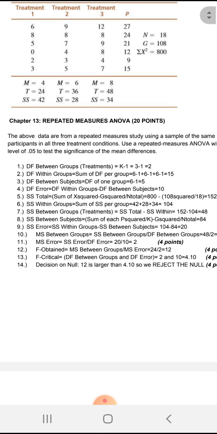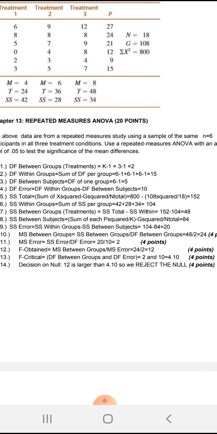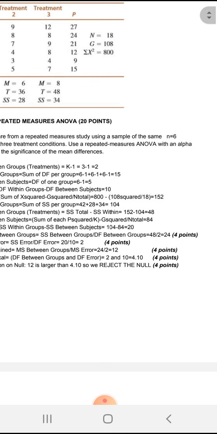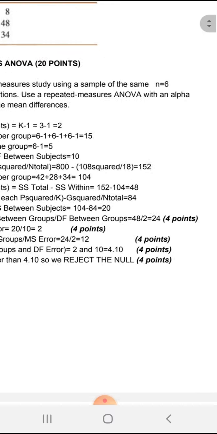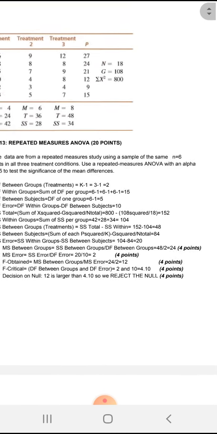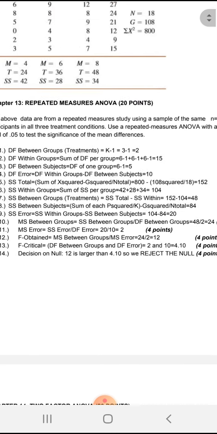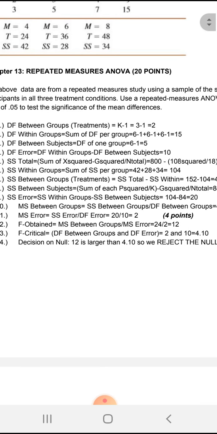The next step is MS between groups, which equals the sum of squares between groups divided by the degrees of freedom between groups, which is 48 divided by 2, which equals 24. Then you need to get MS error, which is SS error divided by DF error, which is 20 divided by 10, which equals 2.